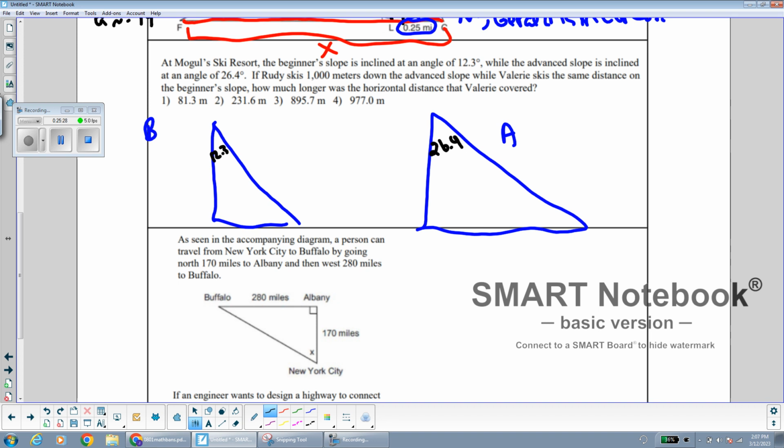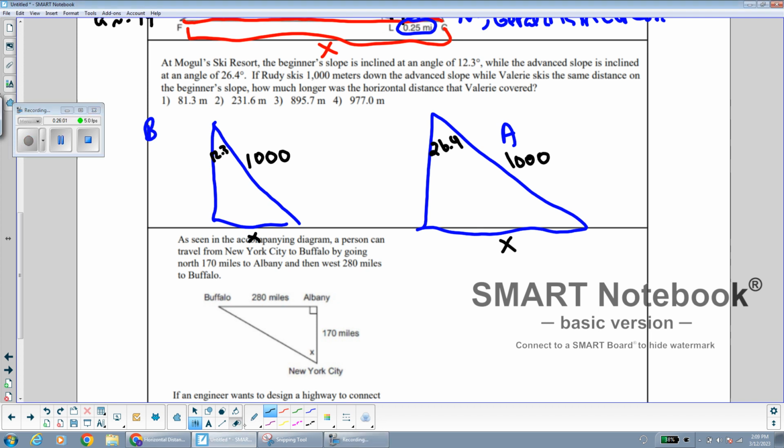If Rudy skis 1,000 meters down the advanced slope, while Valerie skis the same distance on the beginner slope, how much longer was the horizontal distance that Valerie covered?